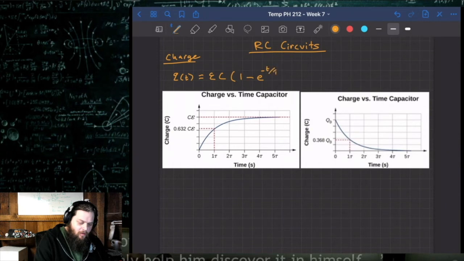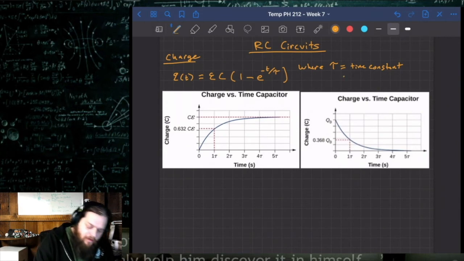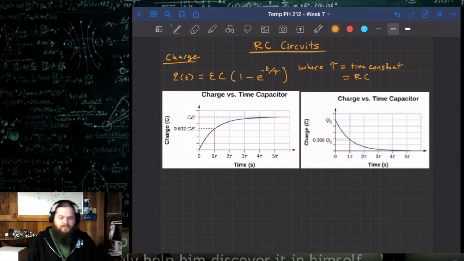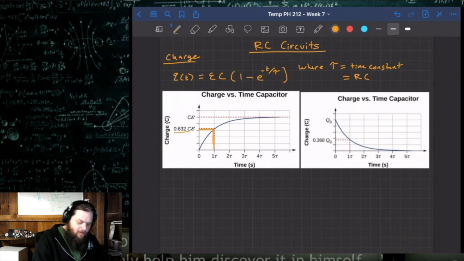And tau is your time constant, right? And really it's just equal to the resistance times the capacitance. And that defines how quickly it charges or discharges to a certain percentage. In this case, it'll charge up to about 63% of its full value within one time constant.